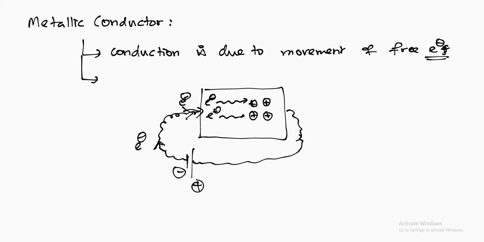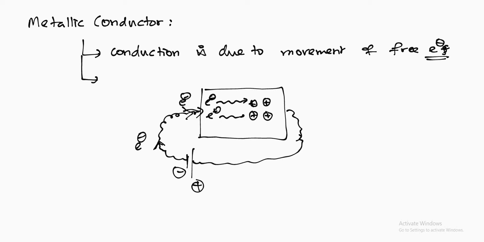And when an atom loses an electron, that atom becomes an ion.